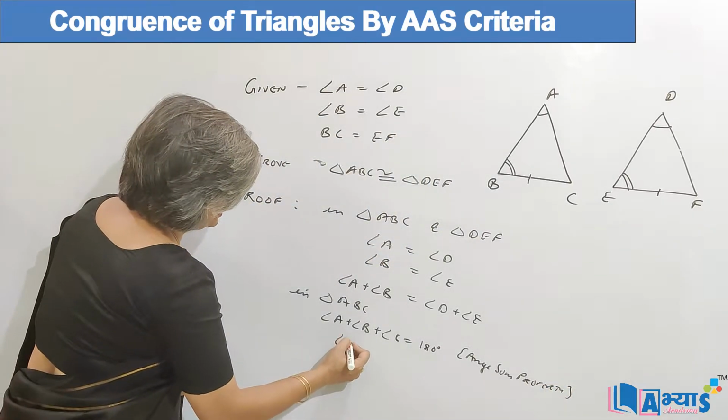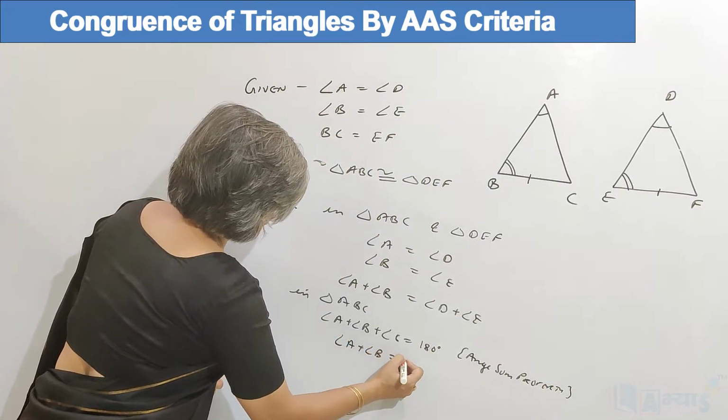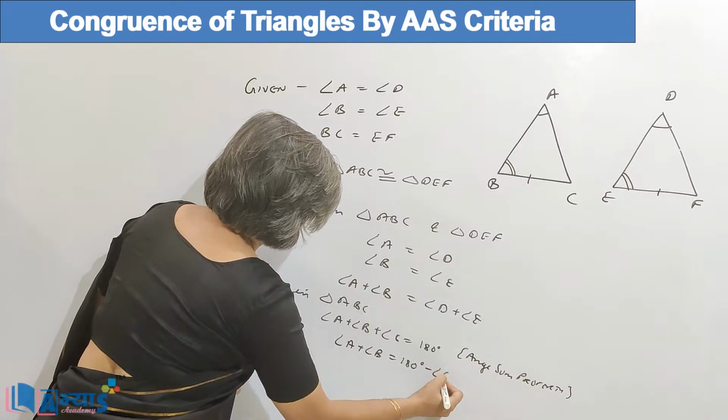Right? So angle A plus angle B is equal to 180 degrees minus angle C.